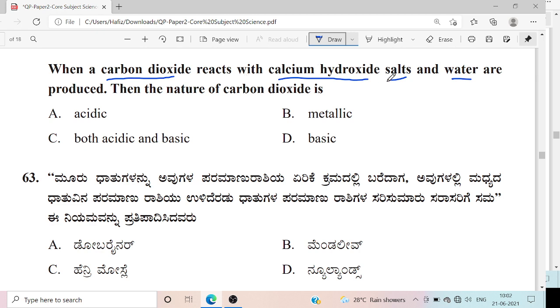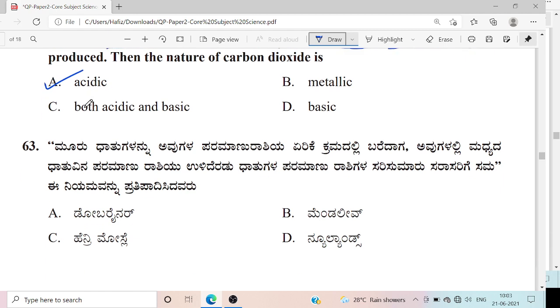They are reacting to form salt and water. As I mentioned, salt and water, in the sense the reaction is a neutralization reaction, which occurs between acid and base. You know that calcium hydroxide is a base, means carbon dioxide is acidic in nature. Okay, it is acidic in nature, means option A is the answer for it.